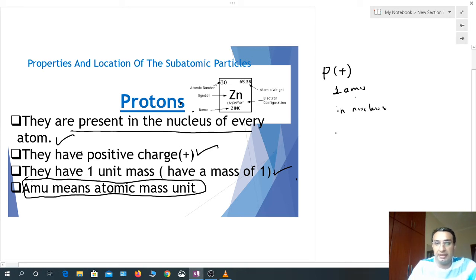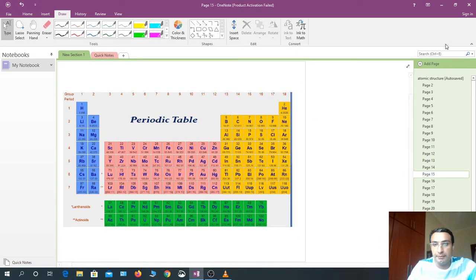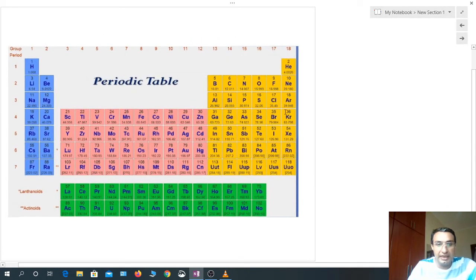Rather than this, my dear, protons are very important, because now I am going to show you the periodic table. In this periodic table, you see that every atom has proton numbers 5, 6, 7, 8, 9, like I can come here 48, 51, like 68, and you can see 180. So in this periodic table every element has an atomic number, a proton number, okay?